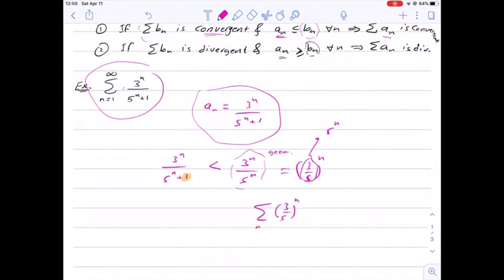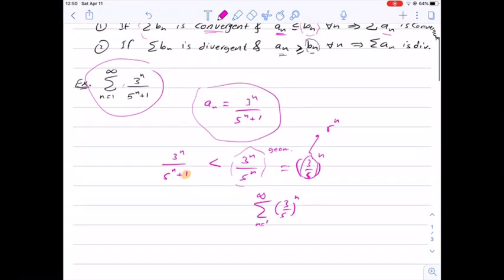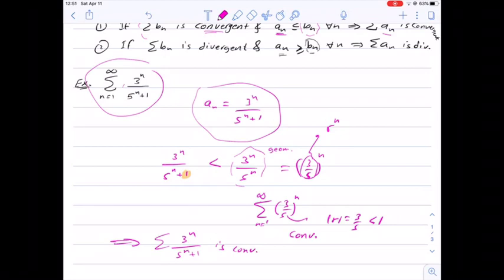Now the geometric series that we have is a convergent series. Why? Because if you look at r, the absolute value of r is 3/5, and that is less than 1. That means this is a convergent series. If the larger one is convergent, then our series 3 to the nth over 5 to the nth plus 1 is convergent.